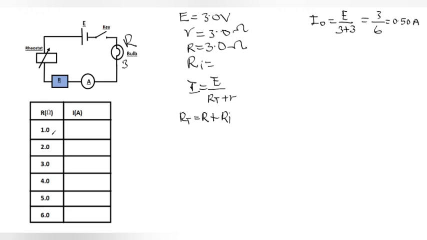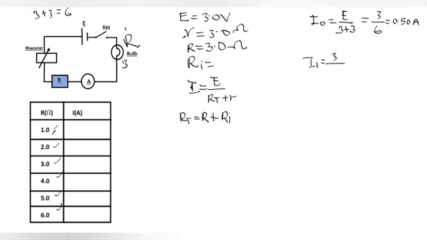Okay, so my I1 is going to be equal to 3 divided by 1 plus 3, that's 4, plus the internal resistance. In fact, what you're going to do is this: let's just add the internal resistance plus the resistance of the bulb. That will give us what? 3 plus 3. That's equal to what? 6. So what I've just done is that I'll be adding this resistance here to 6.